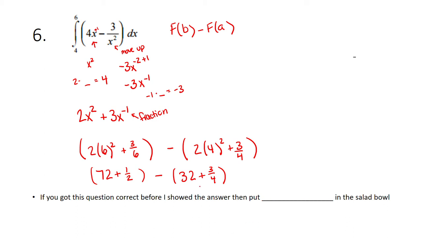Now if you leave your answers as a fraction, we actually have to borrow one from the 72, make that 71. But I don't care which way you do this. You can make it a decimal. If you're doing this by hand, they don't care which way you put your answer on the AP test. So you can leave it as a decimal or a fraction. Your answer is 39.75.